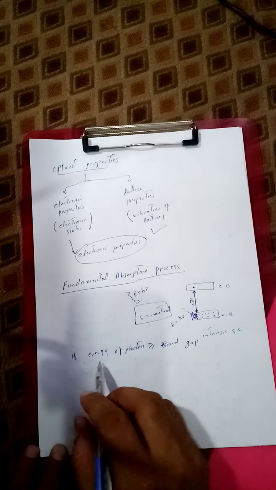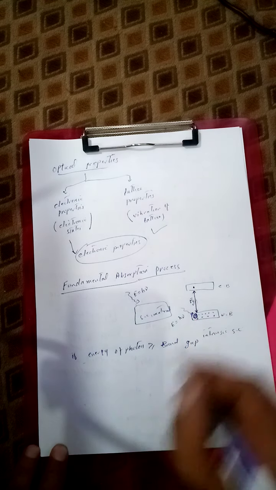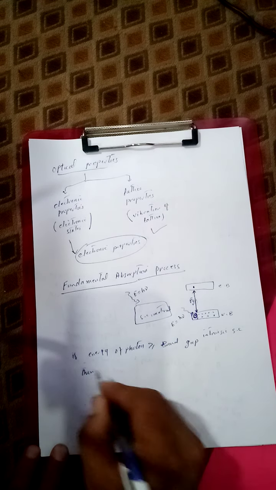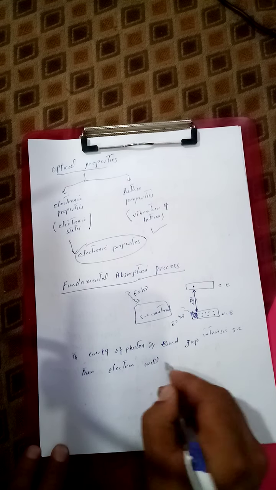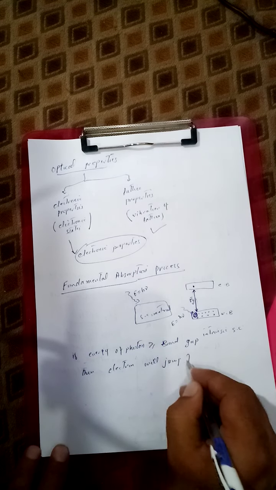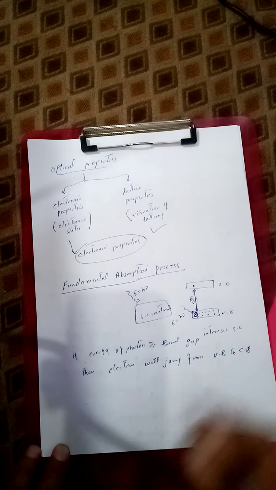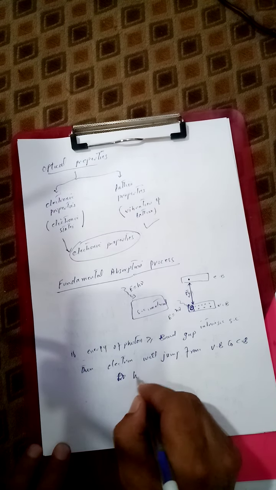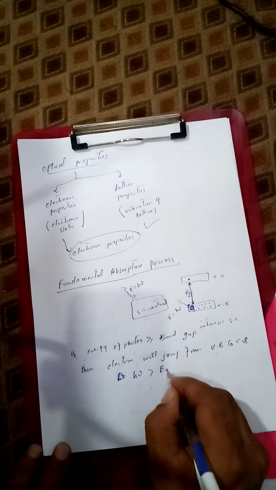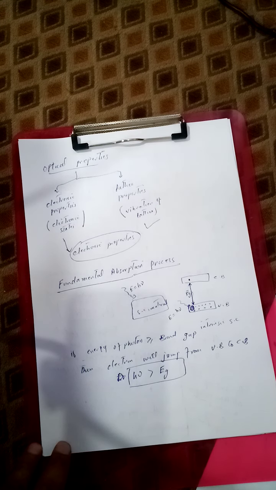If we have a photon whose energy is greater than the band gap Eg, then the electron will jump from valence band to conduction band. We can say that if the energy of the photon, which is h nu, is greater than the band gap Eg, then we have a transition of electron from valence band to conduction band.